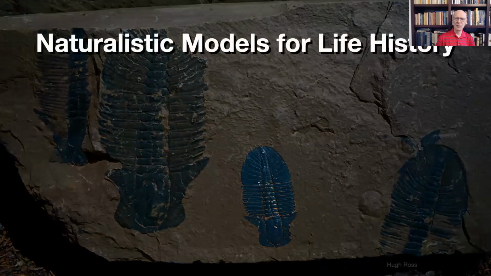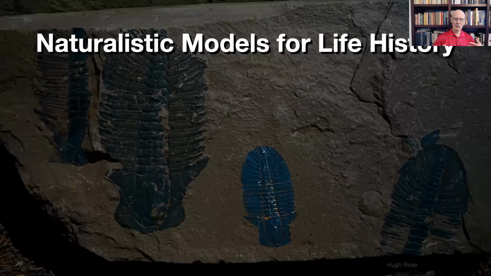It's basically a paper that got published in the Proceedings of the National Academy of Sciences. And it's all about an attempt to explain the history of life on planet Earth from a strictly naturalistic perspective. But when I read the paper, the irony was it actually provided more evidence for a creation perspective of life history.